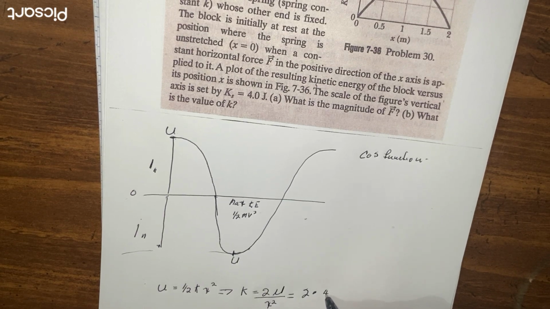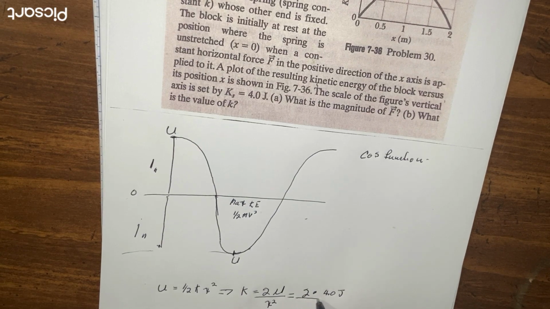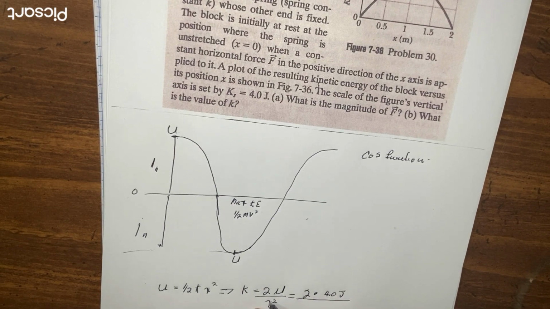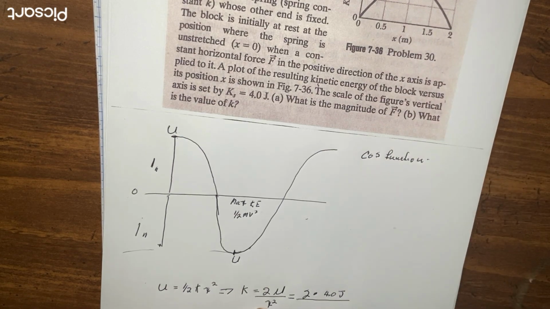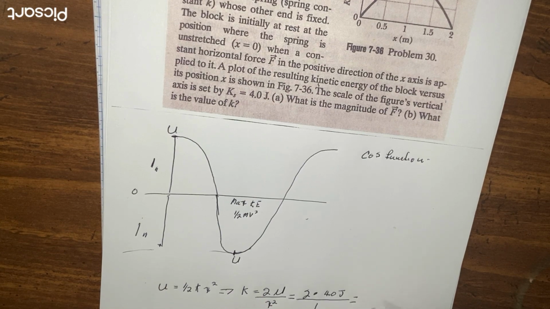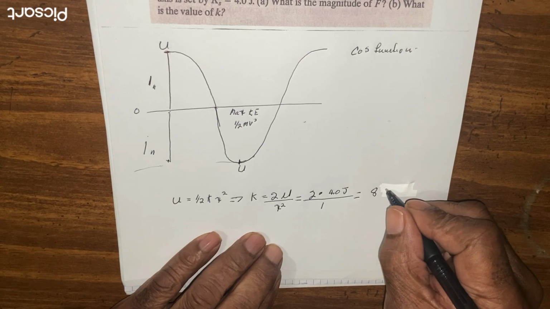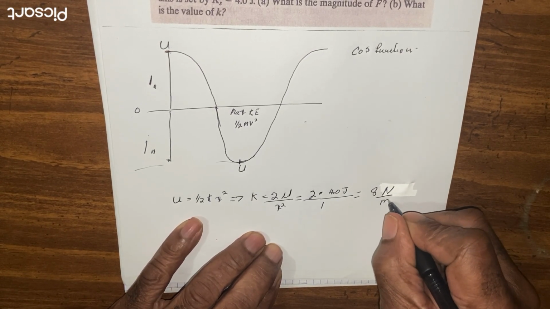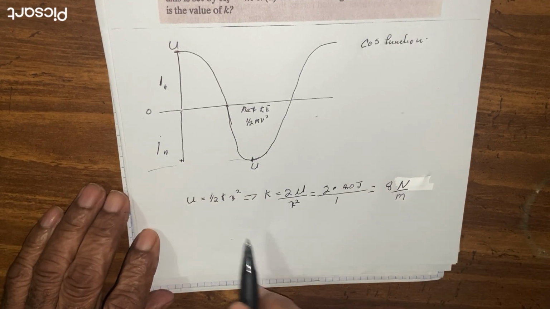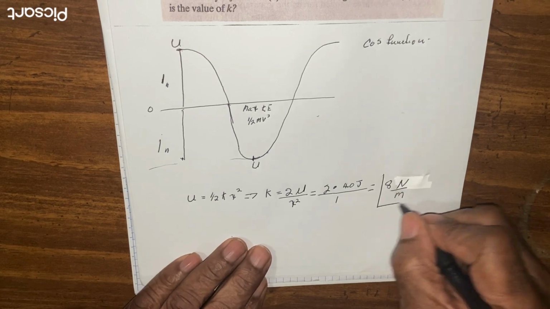So 4.0 joules divided by x squared, which is only stretched 1 meter, so that's 1, and that will give me 8 newton meters. That's K. K is equal to 8 newton meters.